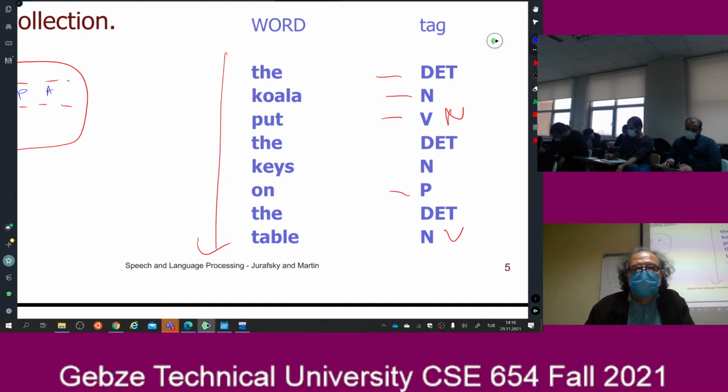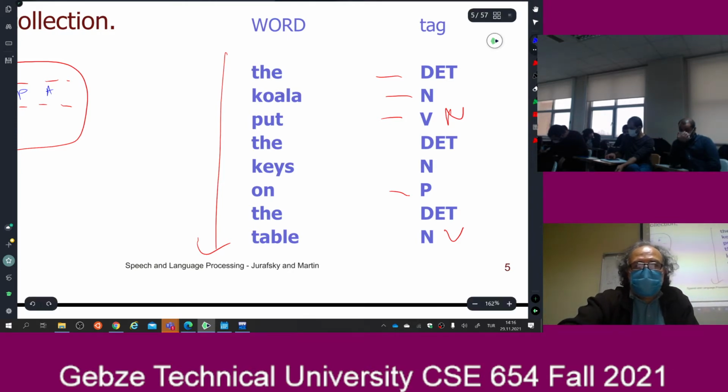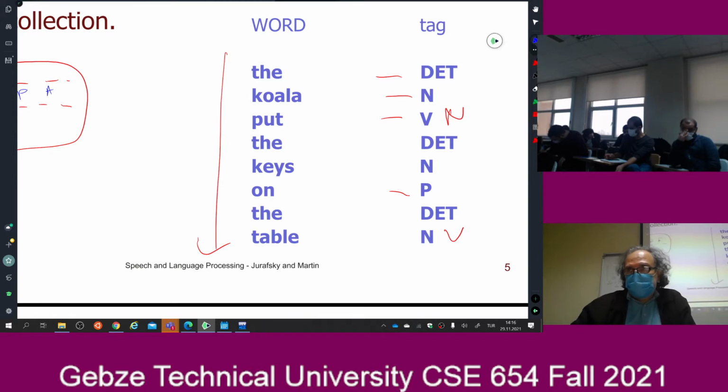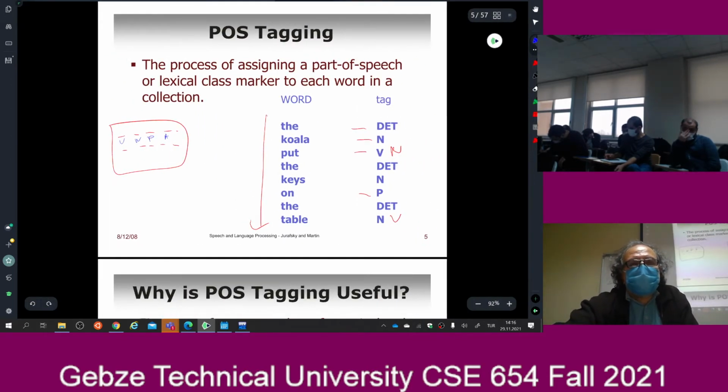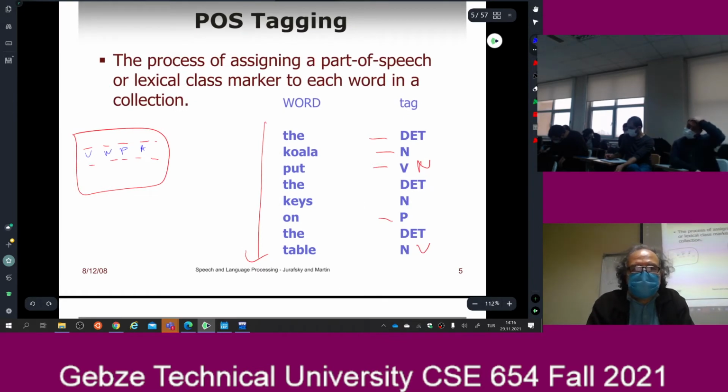Yes, exactly. And for the others too. So it is like that problem of 5 to the 10, remember? Everybody has more than one alternative, and we like to find the exact solution for this one. Part of speech tagging is something like that. So you understand what part of speech tagging is.